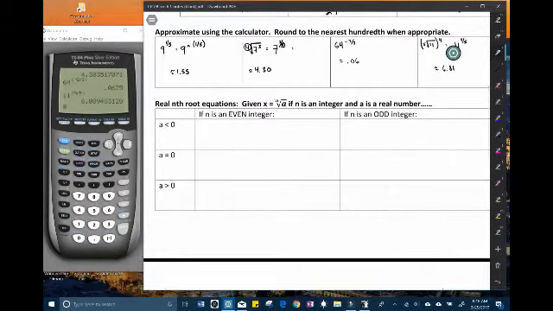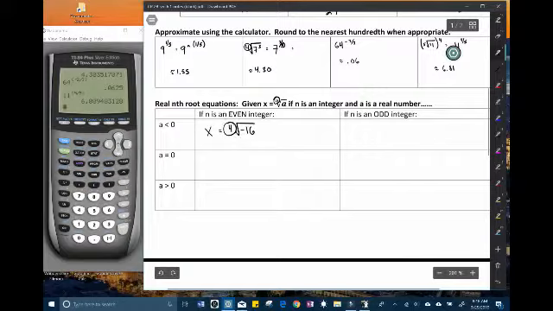Some things to take away from here as well: real nth root equations. If n is an even integer, so our index, if our index is even, here's what we know. Let's say for example we have x equal to the 4th root of a negative number.